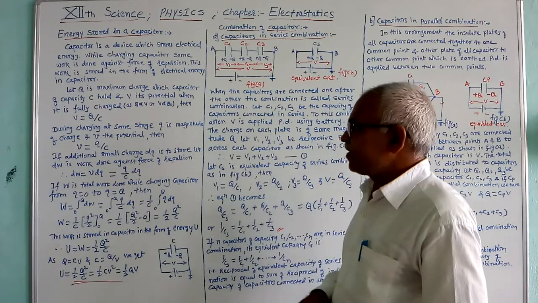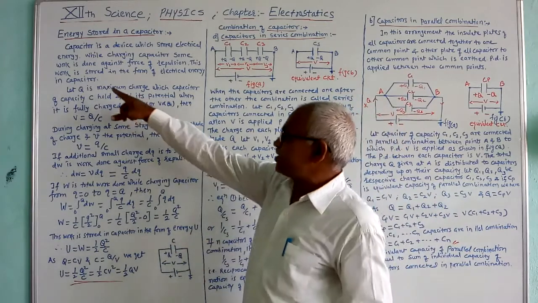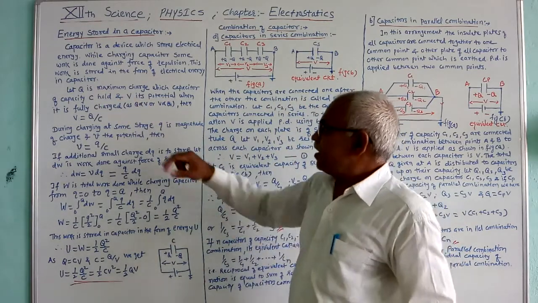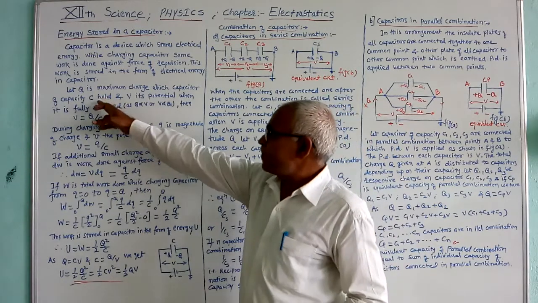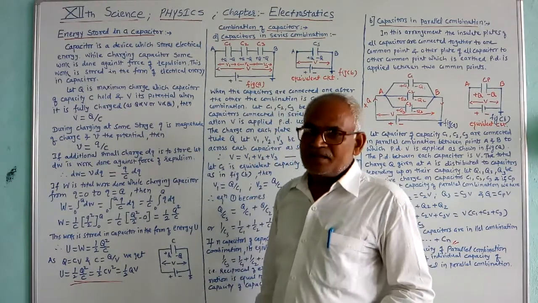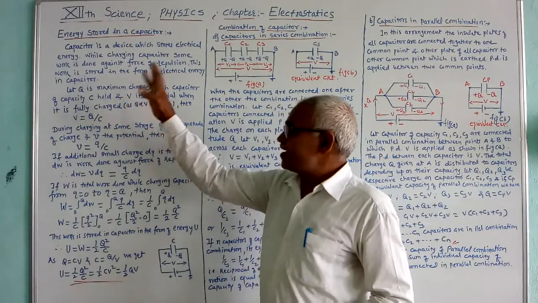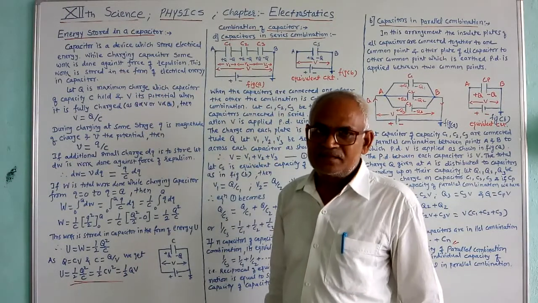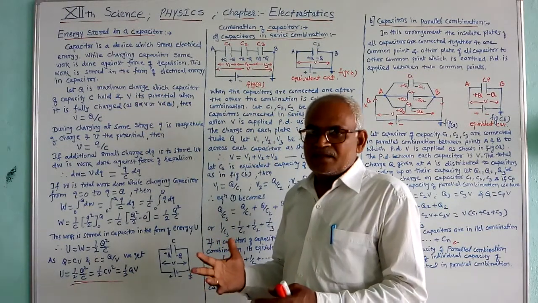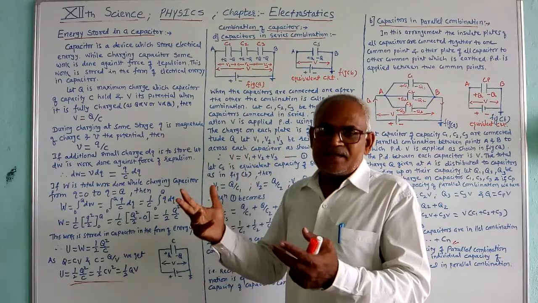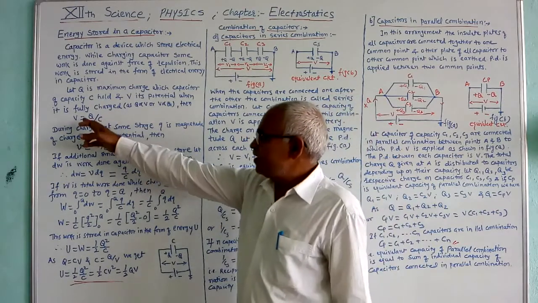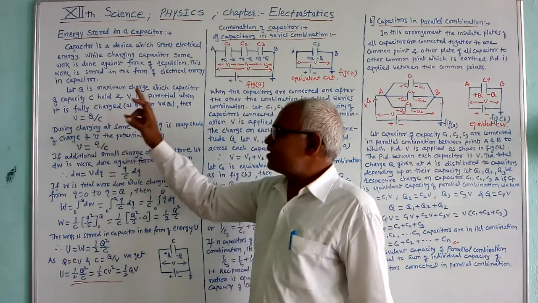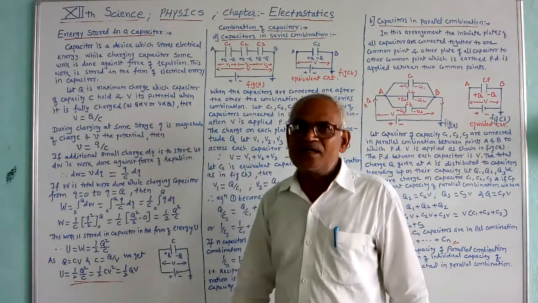Therefore, if this capacitor stores a maximum charge of magnitude q, having capacity C, and V is its potential, as we know the potential of a capacitor depends upon the magnitude of charge, hence we write V is equal to Q by C, where C is the capacity of the capacitor.